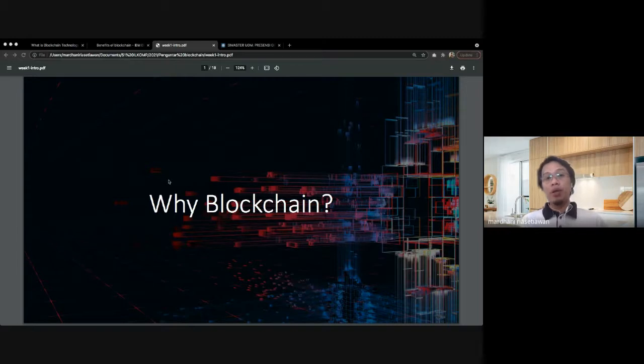For example, now we depend very much on network services from the internet provider, and then the internet provider is also connected with a bigger internet service provider.